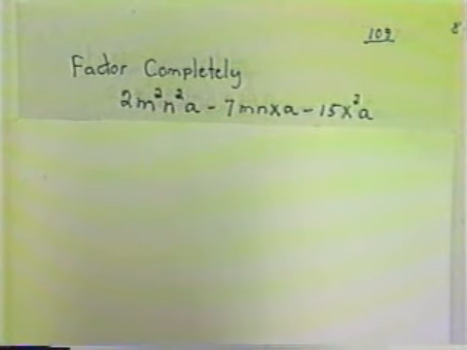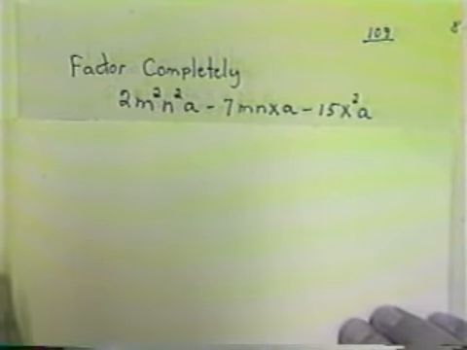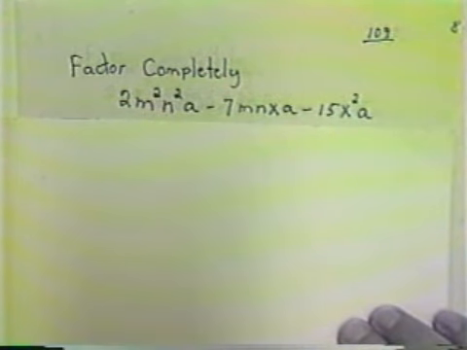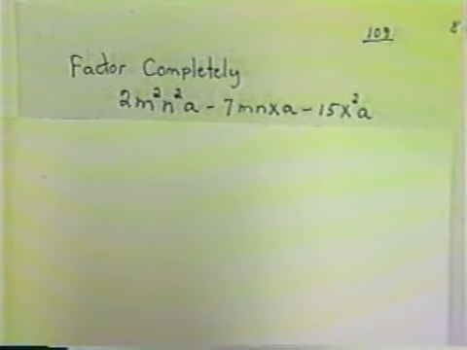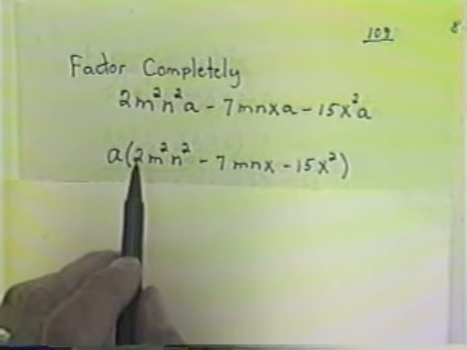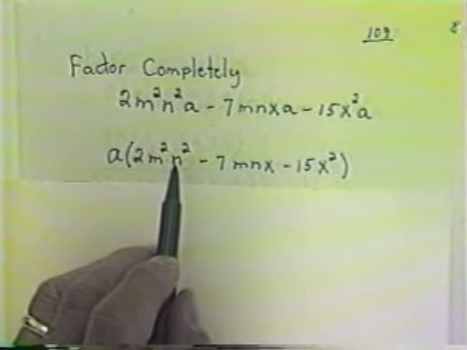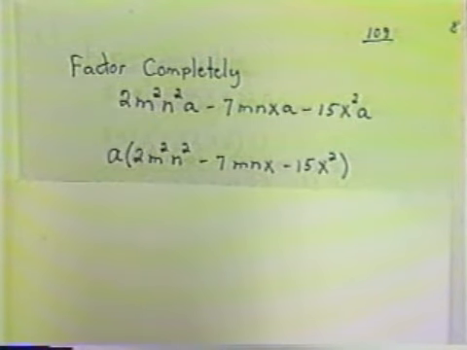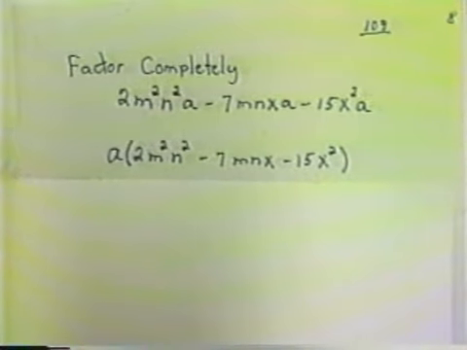Now the thing looks pretty bad, and it really is, but we're going to start systematically. The first thing I'm going to do is take out the common factor of a. So if I factor out the common factor of a, I'm left with a times 2m squared n squared minus 7mnx minus 15x squared.